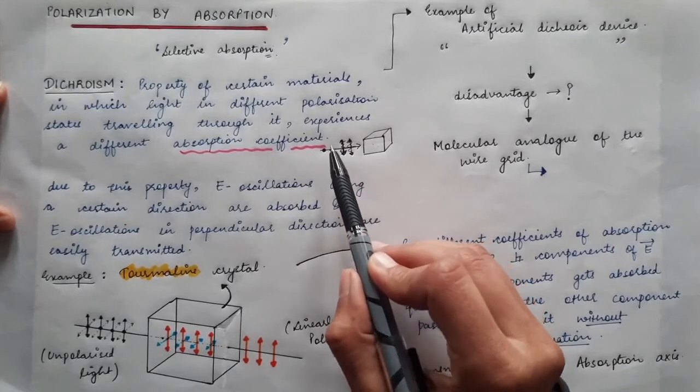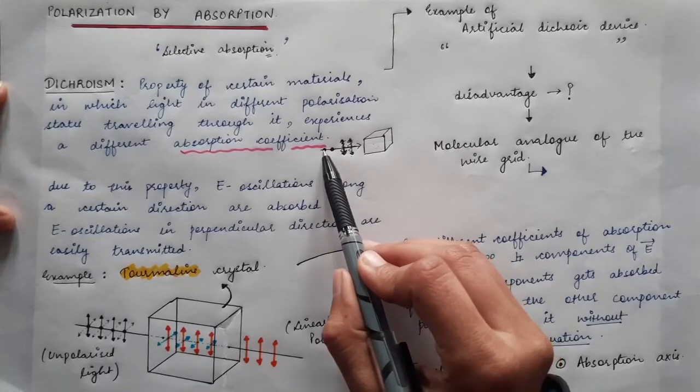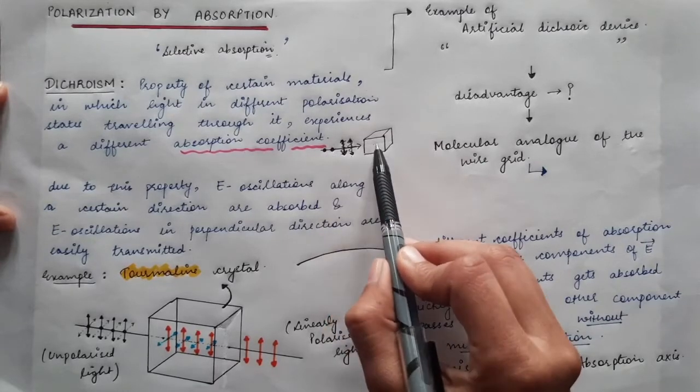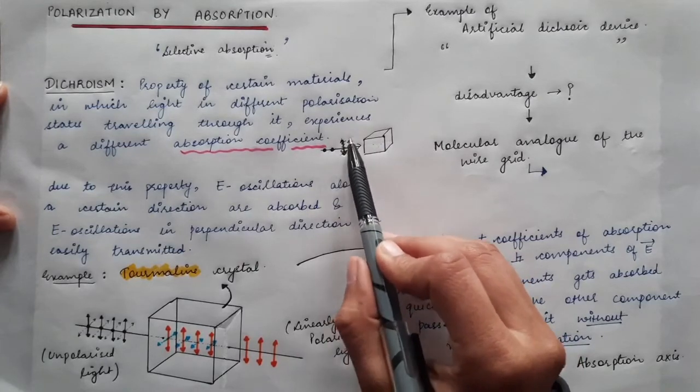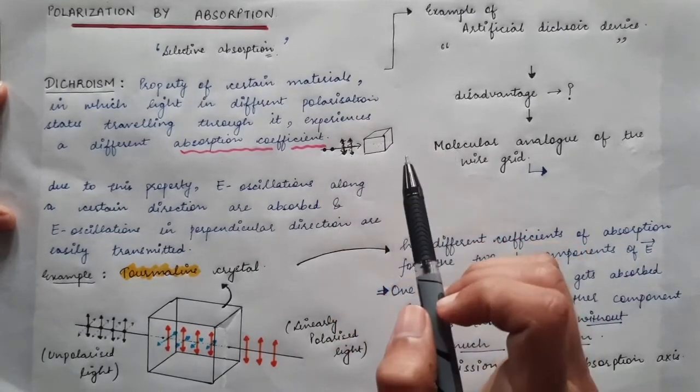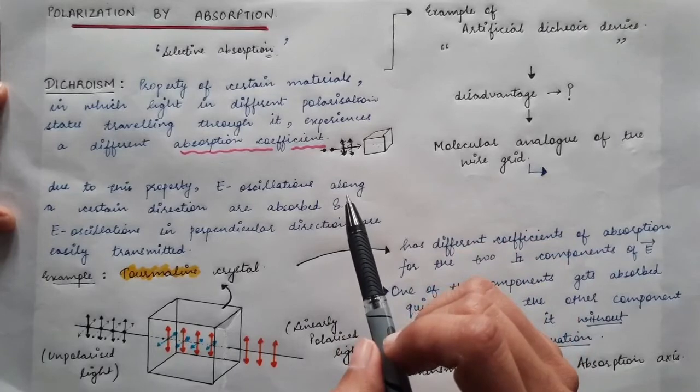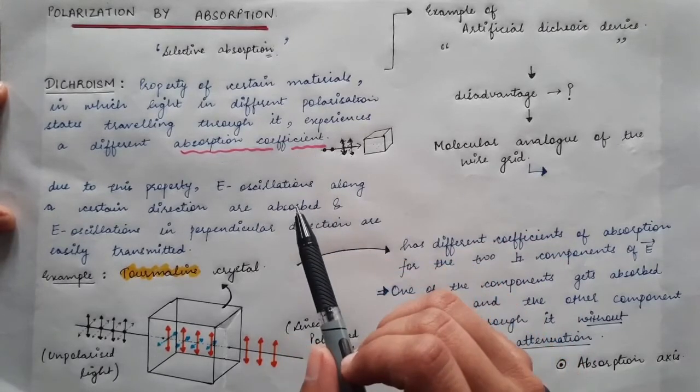This means the perpendicular vibrations will be absorbed by this material, whereas the vibrations in the plane of the paper will be easily transmitted. This is how we obtain polarization in these dichroic materials.